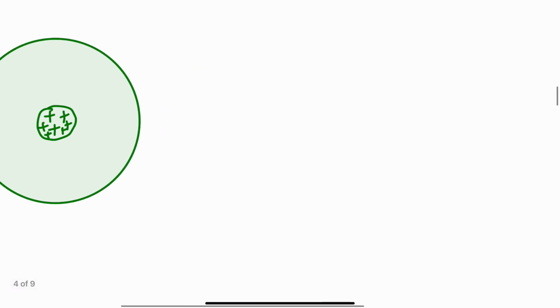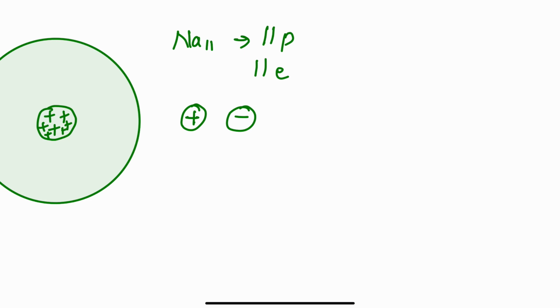In the case of sodium we have atomic number 11, that means 11 protons and 11 electrons. One positive charge and one negative charge will neutralize each other, so there will be no charge. They cancel each other.